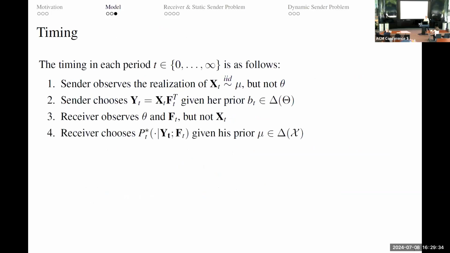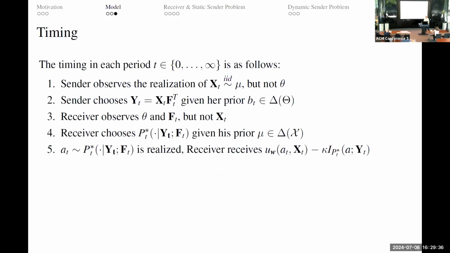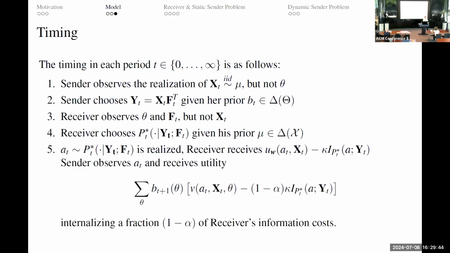Instead, they choose the stochastic choice rule given their prior belief. An action is realized from that stochastic choice rule, and the receiver receives the gross utility net of the information costs, whereupon the sender observes the receiver's choice and receives utility that is evaluated under their utility function, which may or may not internalize the receiver's information cost.